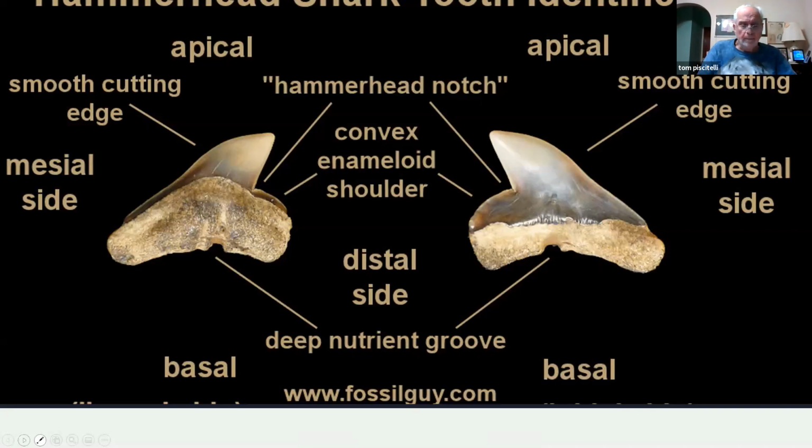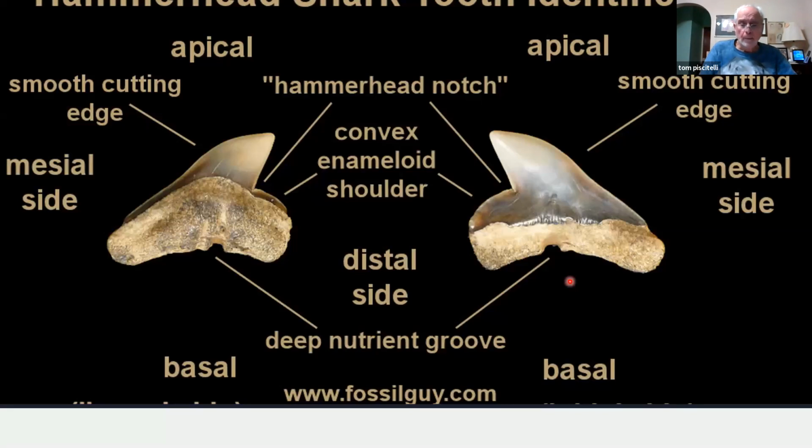This tooth has a deep nutrient groove, which you can clearly point out in the picture, in the basal area of the root toward its distal side. Again, it's slightly off center, facing toward the distal side. So in this picture, the left side tooth is what view of the tooth?